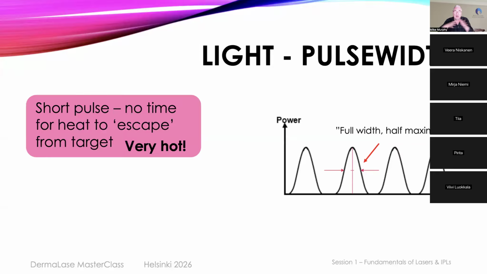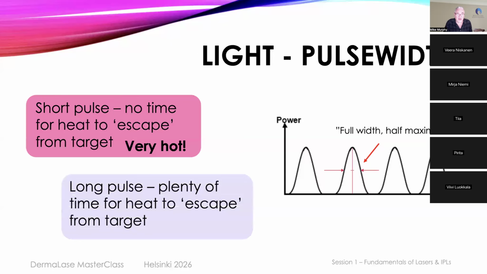Obviously, after the pulse, the heat can escape. But during the pulse, there's no time for it to escape, so it gets hot. So conversely, if you fire the exact same energy in the same spot size, same fluence, same everything, except you use a longer pulse now, then during the pulse, there's more time for the energy to escape into the surrounding tissue, and therefore you get a cooler target. It doesn't get as hot as a short pulse, right?